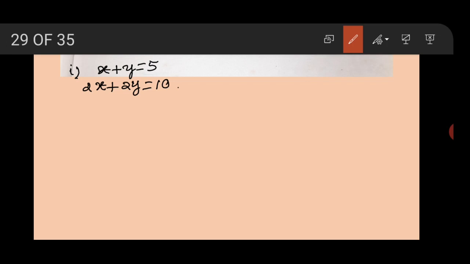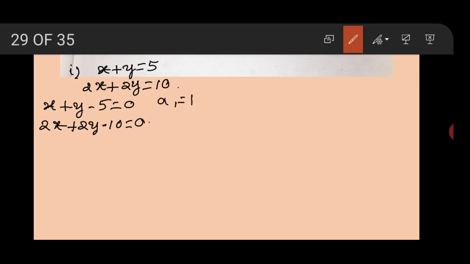How can we say? We have to write it in general form. I can write it this way: x plus y minus 5 is equal to 0 and 2x plus 2y minus 10 is equal to 0. What is the value of a1?